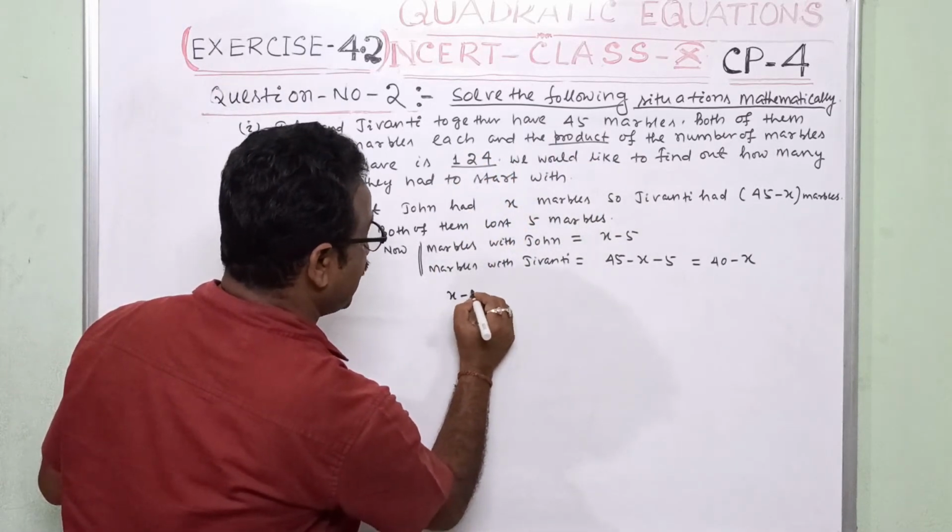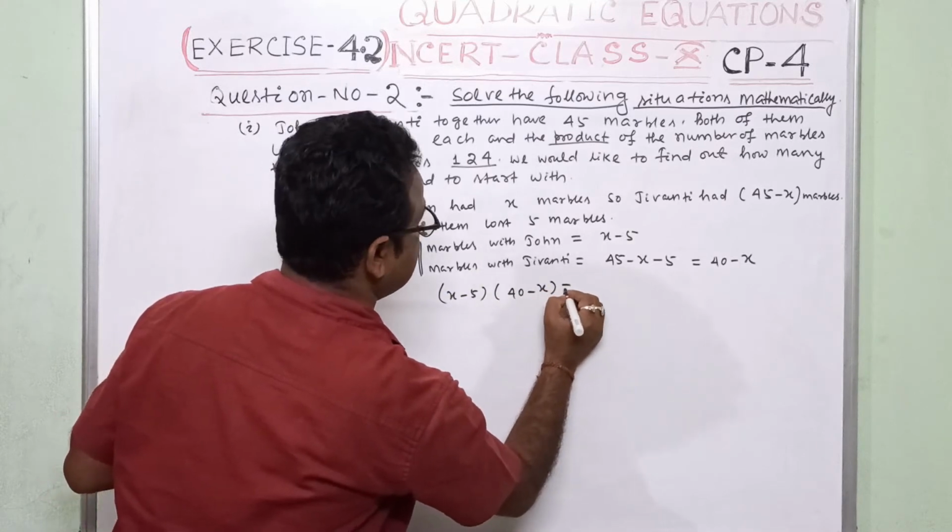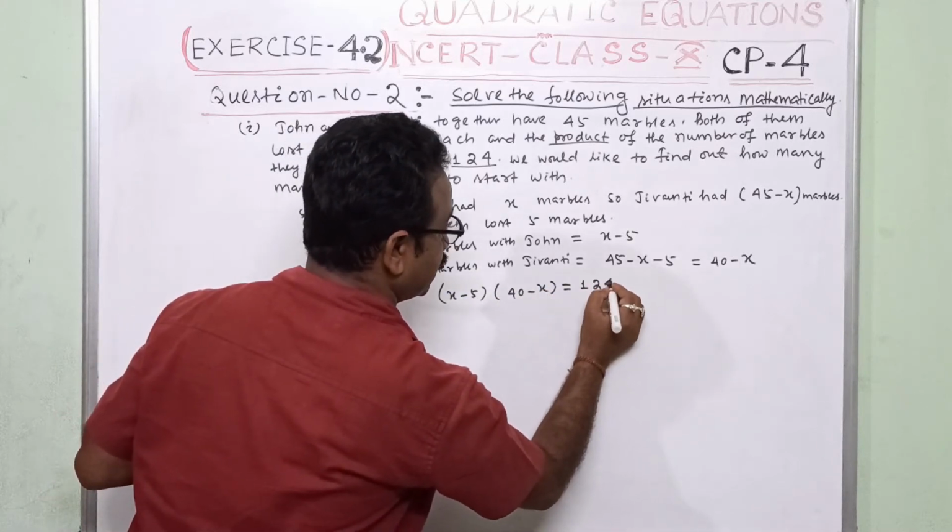So X minus 5 into 40 minus X is equal to 124.